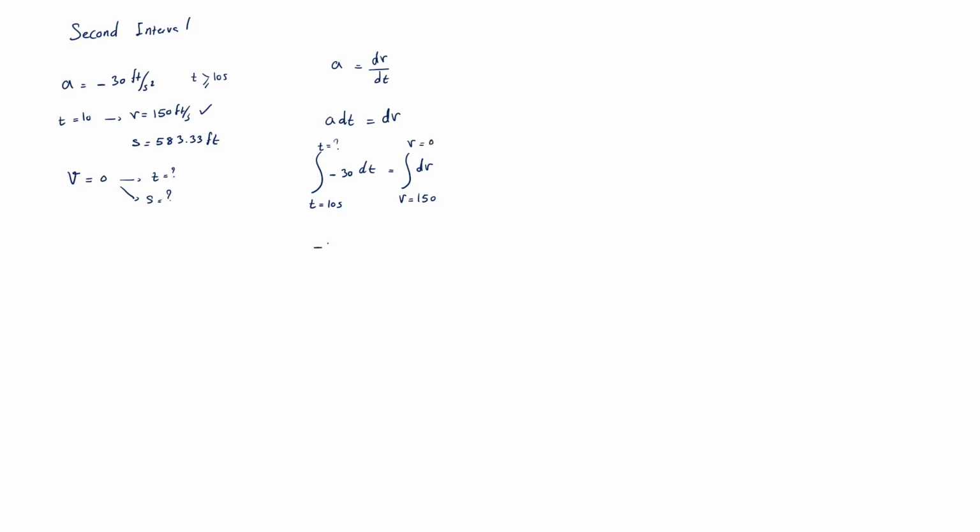We have minus 30 times t minus the lower limit of the integral, minus 30 times 10, equal v minus 150. We can write it as minus 30 times t plus 300 equal v minus 150. We have to find the time when the velocity of the race car reaches 0.